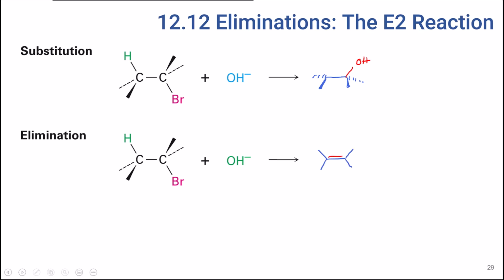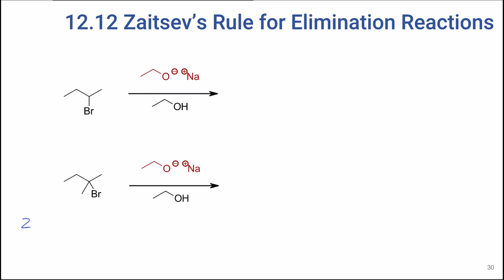So elimination is the opposite of addition. So instead of adding a group, we're going to take one away and create an alkene. And sometimes this can compete with substitution reactions, especially for SN1 reactions. So in Zaitsev rules for elimination reaction, the more substituted alkene is going to form.